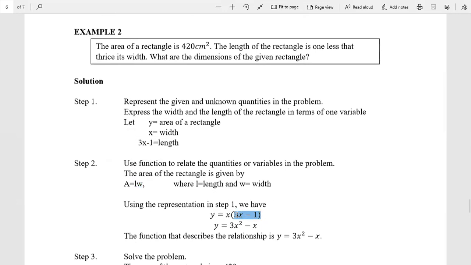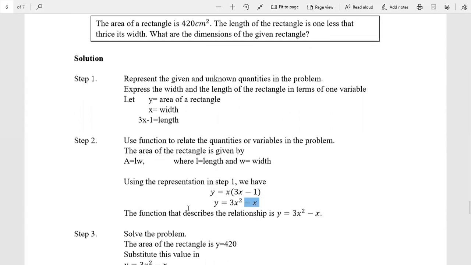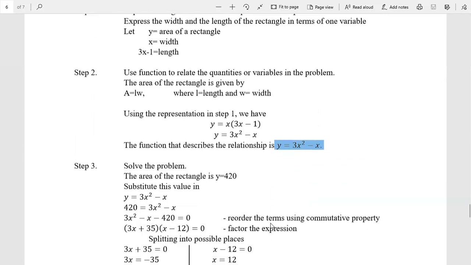So x times 3x is 3x squared. x times negative 1 is negative x. So the function that describes the relationship is y is equal to 3x squared minus x.